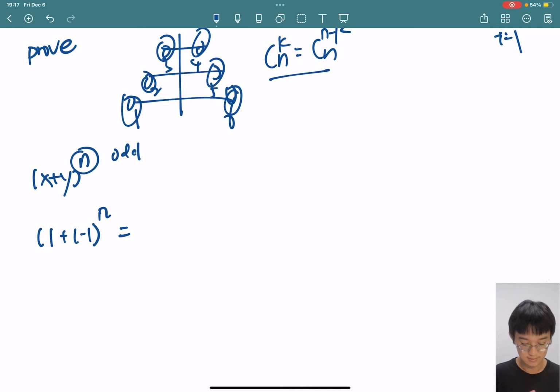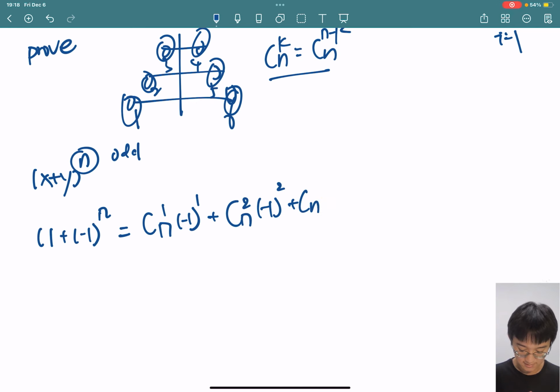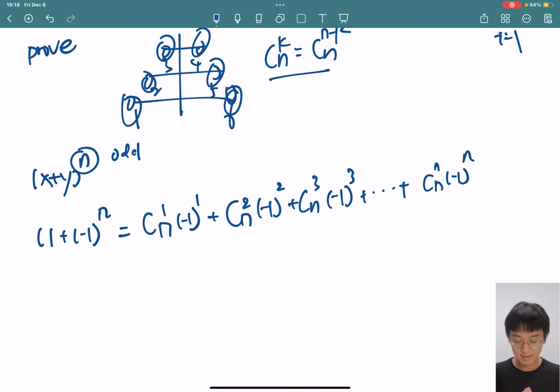The first elements: C(n,1) times (-1) to the power of 1. And 1 to any power is 1, so we will not write it here. And C(n,2) times (-1) to the power of 2, C(n,3) times (-1) to the power of 3, plus dot dot dot, C(n,n) times (-1) to the power of n.